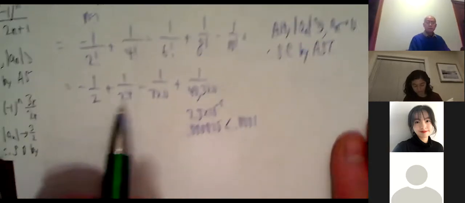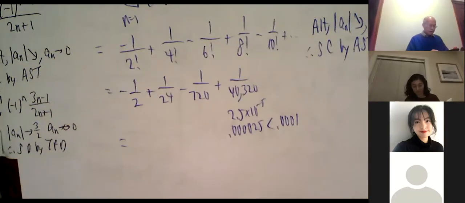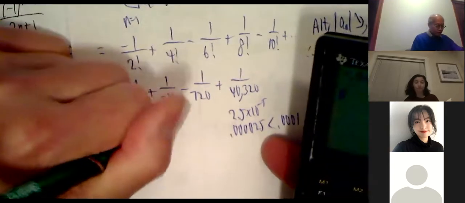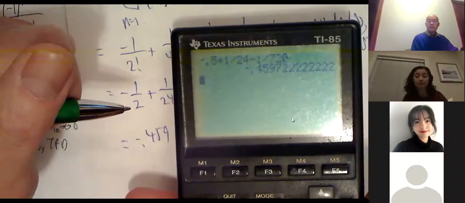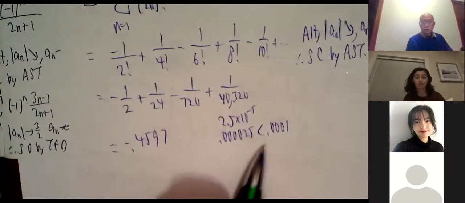So I'm just going to add these up, and they want it to 4 decimal points. Negative a half plus 1 over 24 minus 1 divided by 720 is negative 0.4597, with an error of no more than 0.0001.